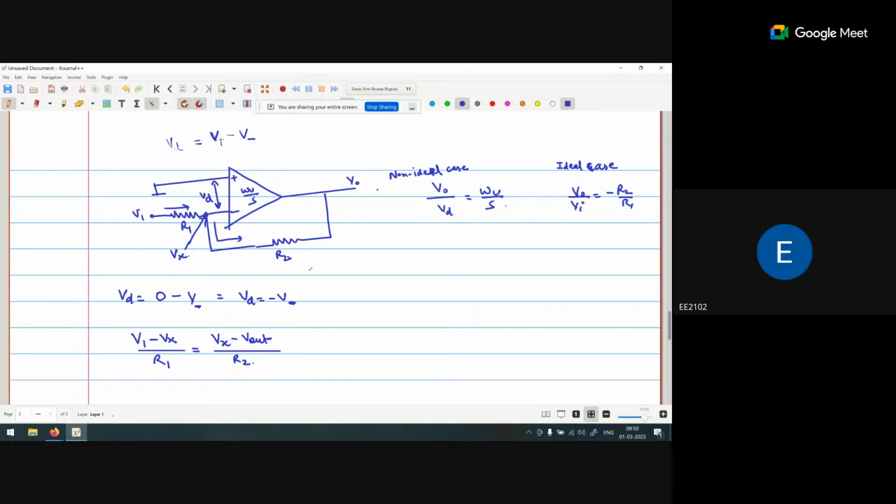Taking the Vx terms on this side and the V out terms on this side, Vx by R2 plus Vx by R1 is equal to Vi by R1 plus V out by R2.